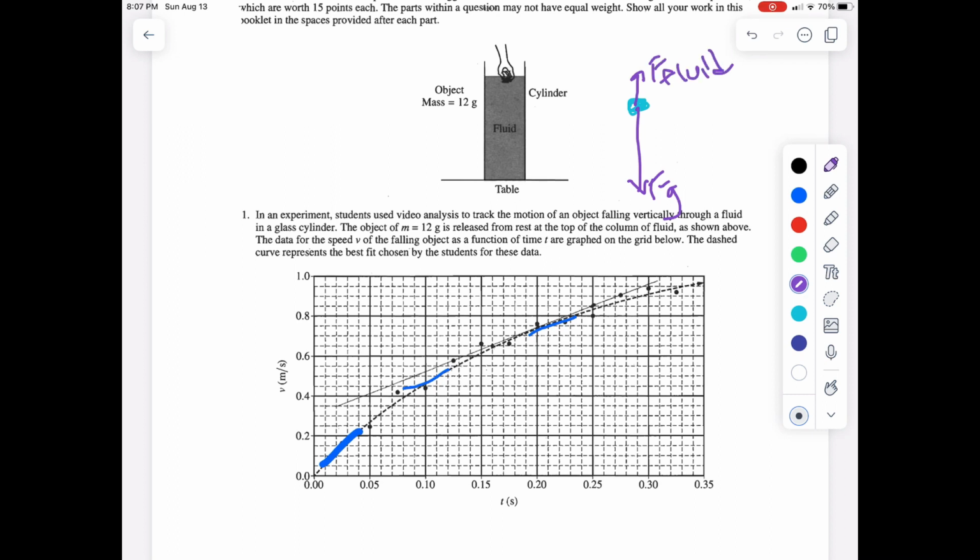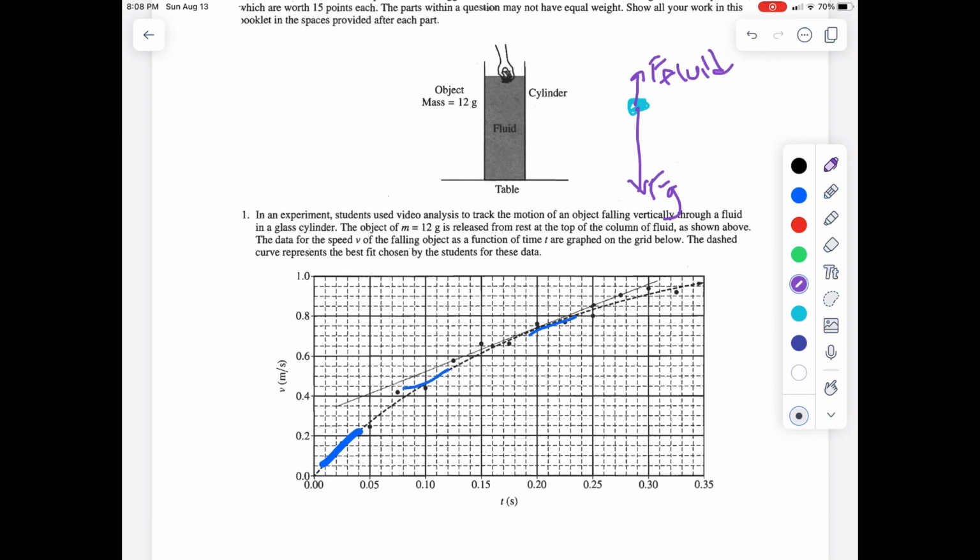For a period of time, assuming this cylinder of fluid is long enough, the amount of fluid pushing up on the object will eventually equal the force of gravity, or the weight of the object as it falls. This is a lot like the concept of air resistance.